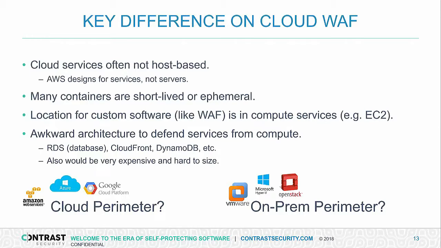So data that comes in and goes maybe straight to a service such as RDS, relational database services, DynamoDB, or anything like that, the web application firewall can be operated by the cloud provider and just monitor that network traffic for that layer 7 data. The reason is that the cloud provider controls their perimeter.